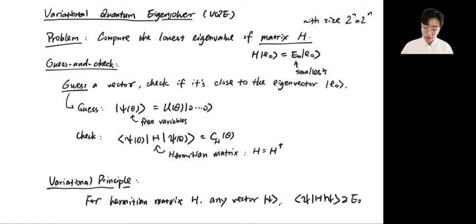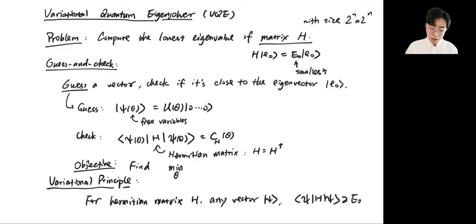Assuming this is the case, we can define our objective of this guess and check procedure: we want to find the set of parameters theta that minimizes the number C sub H of theta. So we can just keep trying different vectors psi of theta, and the goal here is to find the global minimum in the theta parameter space.